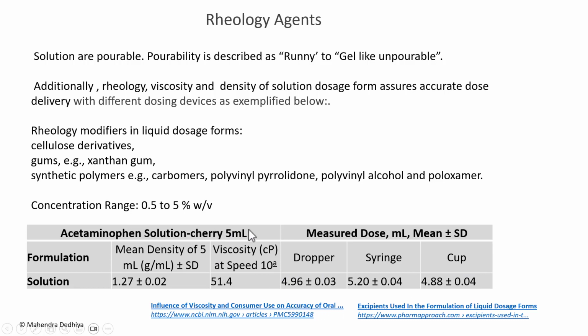For example, for 5 ml, droppers provide a 4.96 mean value. Syringes are showing slightly higher, so that syringe needs to be recalibrated. Cups are showing slightly lower, so this cup needs to be recalibrated. This type of study helps in designing, in this case, the syringe and cup.